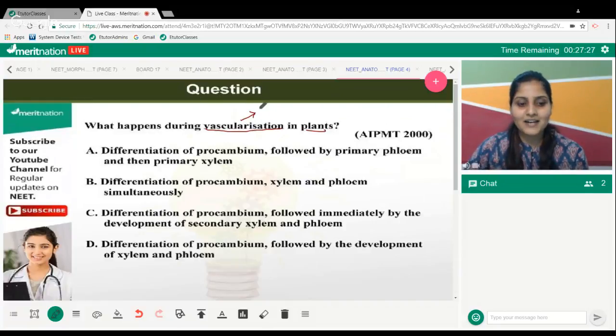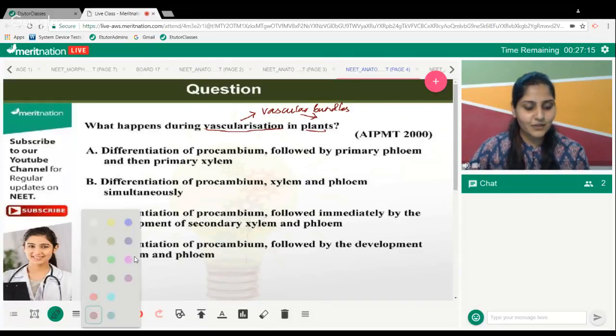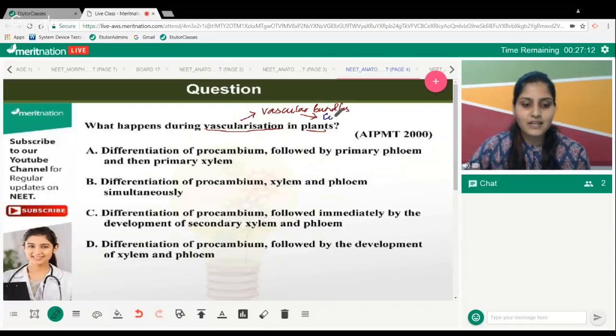They are present in the form of vascular bundles. And why do we call them vascular bundles? Because they are responsible for the conduction of food and water, the conduction of materials. That is why we call them vascular bundles, vascular tissues.